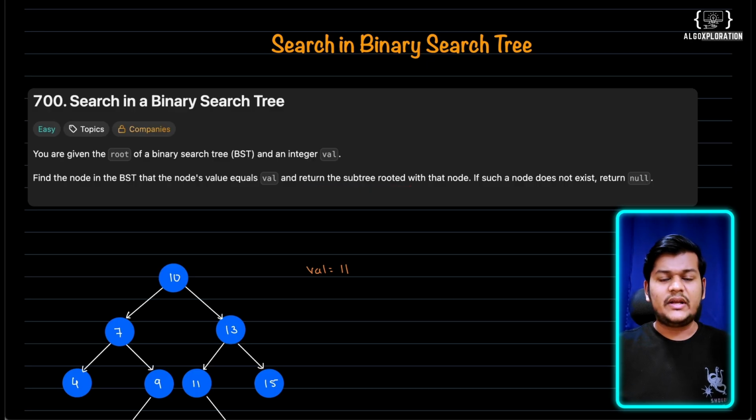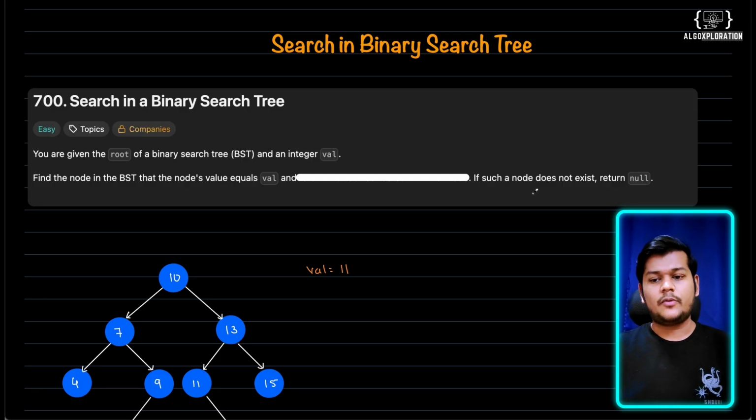This is a very poorly written question, by the way. Just remember that if you found that node's value is equal to val, just return that node. It is that simple. Now, what if the node is not present, or what if the value is not present? At that time, we need to return null.